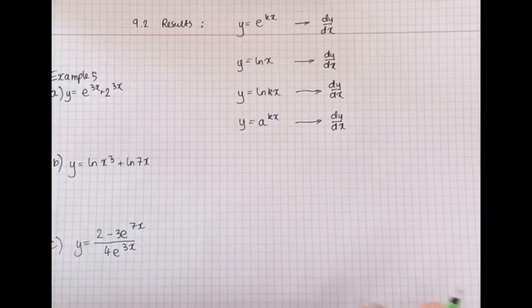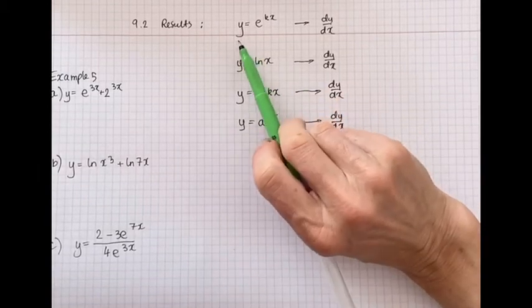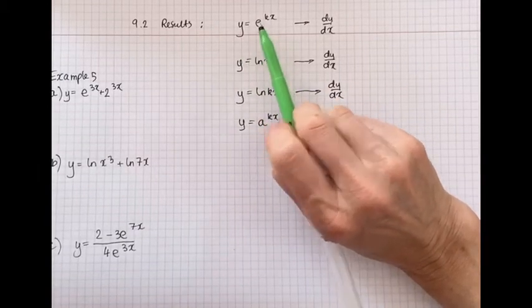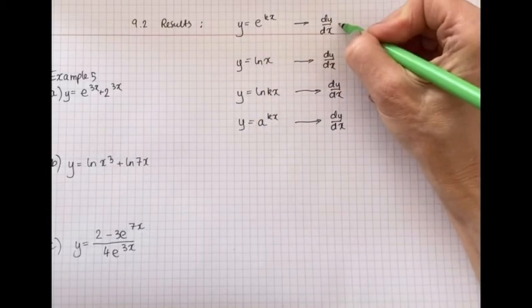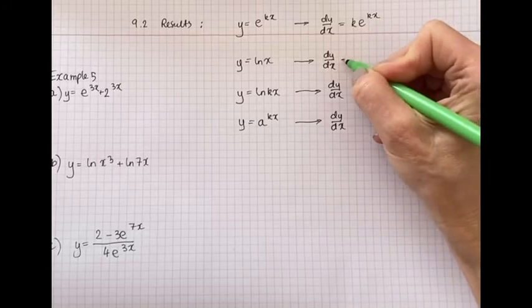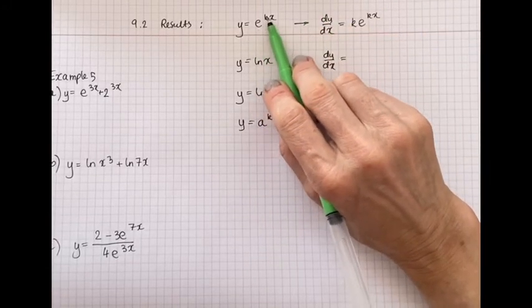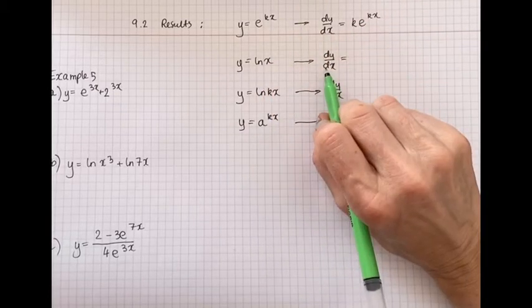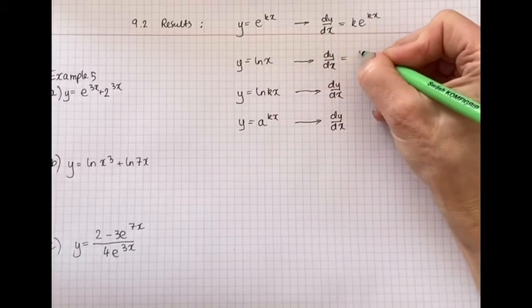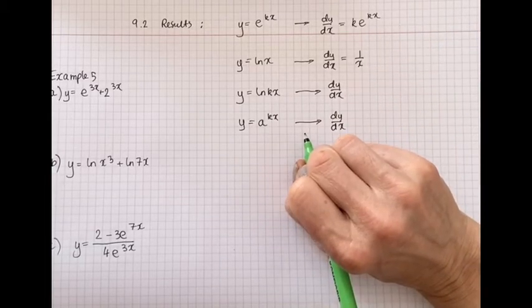Okay, the results from section 9.2. So far we know that e to the power of kx, from last year, differentiates to k e to the power of kx. So effectively it stays the same, but then gets multiplied by k, the coefficient of x. ln x differentiates to 1 over x, the result I mentioned in the previous example.